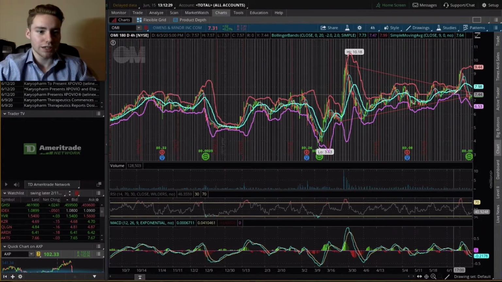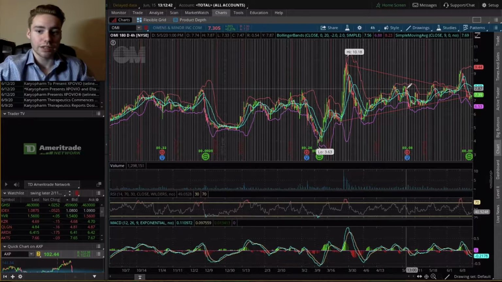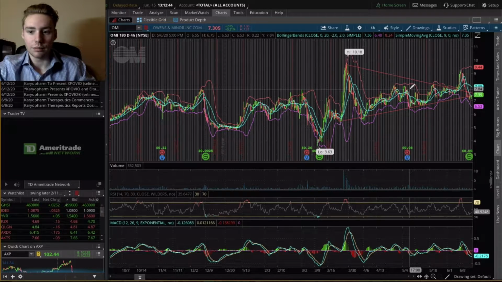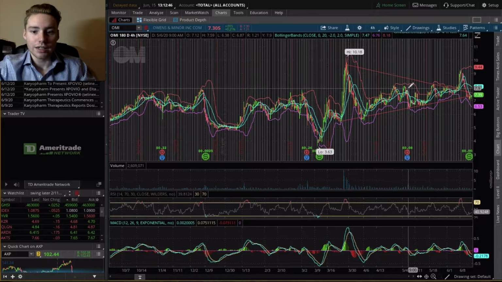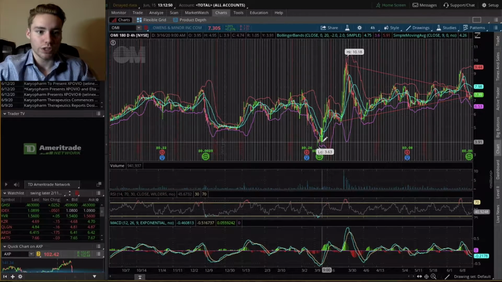Now, symmetrical triangles can go either way in terms of bullish or bearish. So when trying to predict a price increase or decrease, whether it's going to break above or below the current price action, mostly depends on the direction from which it came from prior, if that makes sense.